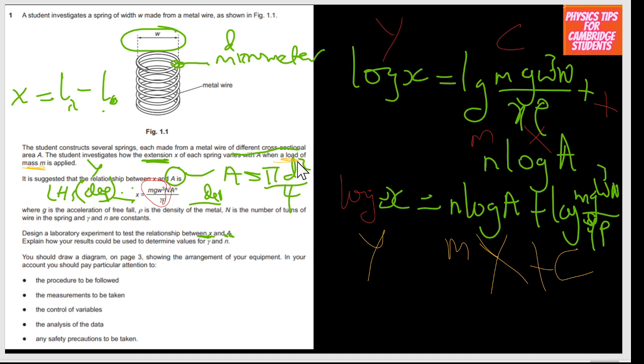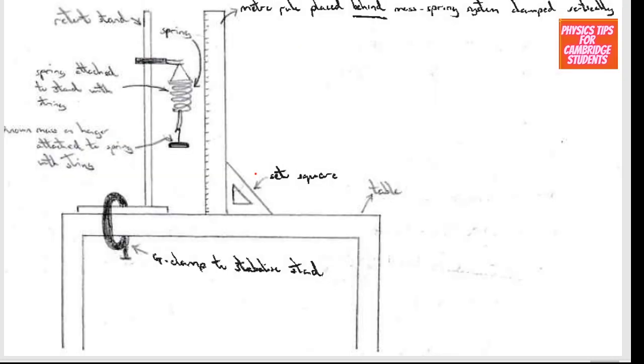Now, after you've identified those three, you now know that I've got my 2 marks. You then move on to draw the diagram. Any workable diagram would stand. So this is the diagram that I have here.